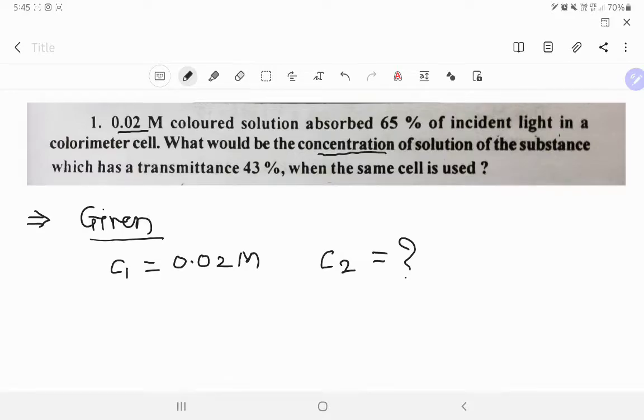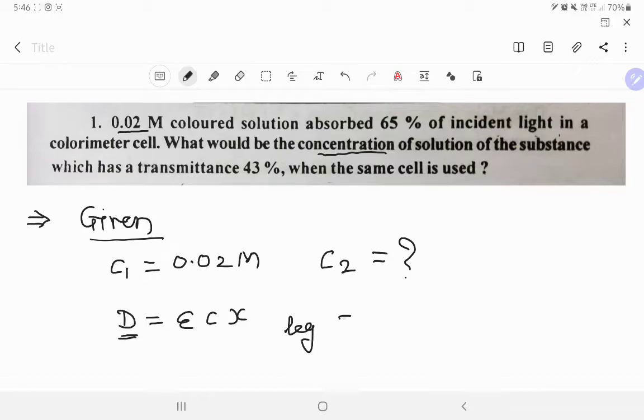Now what other quantities are given? Another quantity, absorbed 65%. Yes, we know optical density D is equal to epsilon Cx. What is this optical density?